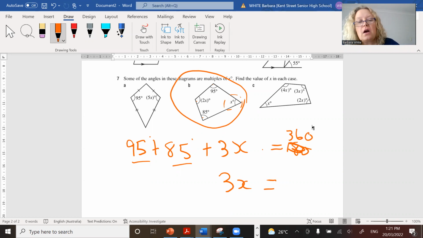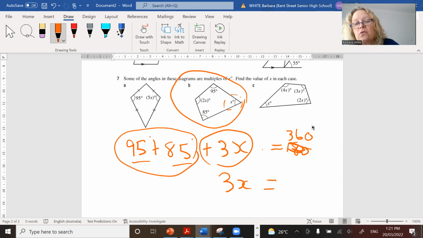So these two are 180. So this bit is also 180 because they add together to make 360. So 3x's, I'm not doing a very good job of this. 3 x's are 180. What is 1x? Well, 3 of them make 180. What are there 3 of in 180? There are 60s. So x equals 60.